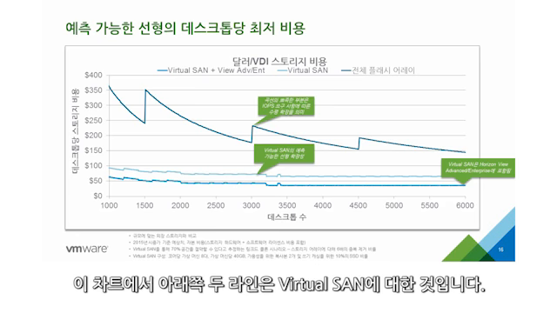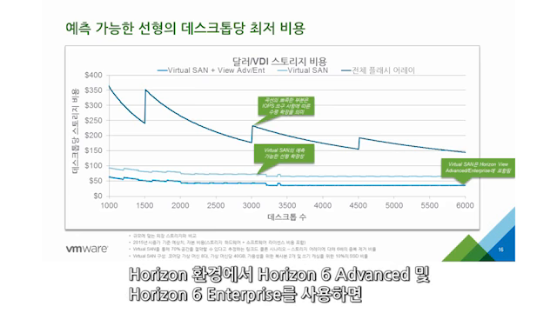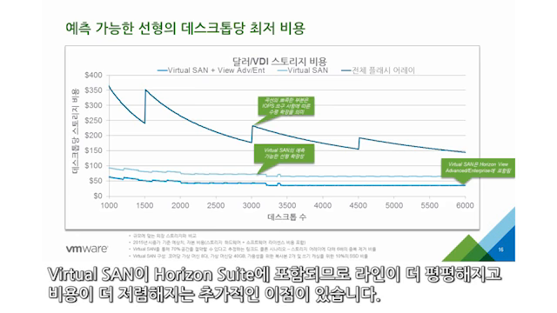On the chart, the bottom two lines are for vSAN, the top one being for vSAN with the desktop licensing model that vSAN has, and the bottom one is for vSAN when used with the Horizon suite. In the Horizon environment, using Horizon 6, both Advanced and Enterprise, you get vSAN included in the Horizon suite. So that's an added advantage, just making the line go even flatter and lower.